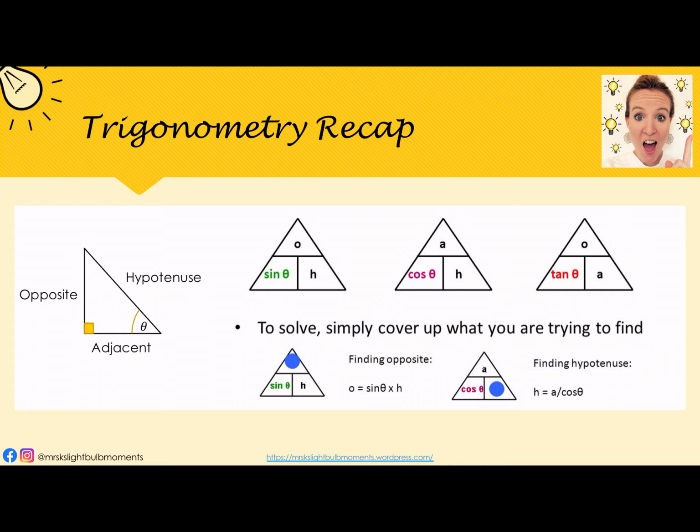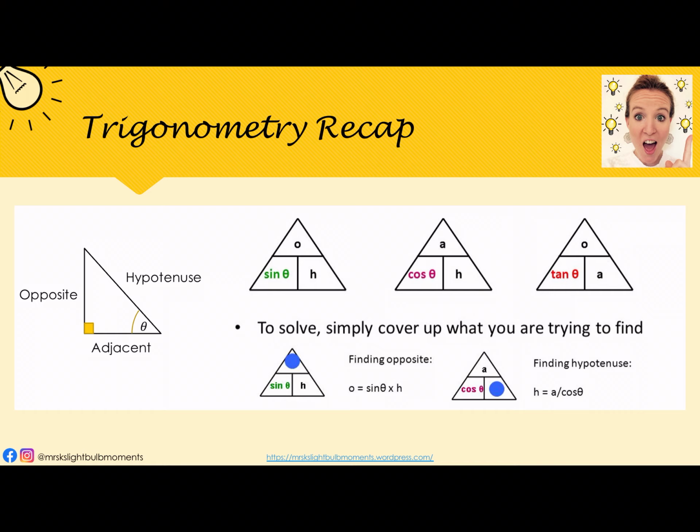So to solve, you simply cover up what you're trying to find. So in this first example at the bottom here with the blue dot, that's covering the O, the opposite. So if you want to find the opposite, this triangle tells you to do sine theta times h. If you're trying to find the hypotenuse, then you do A over cos theta.